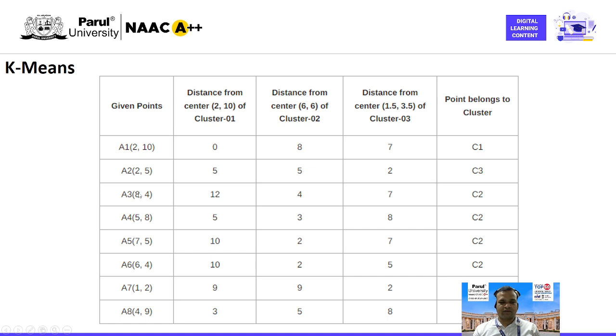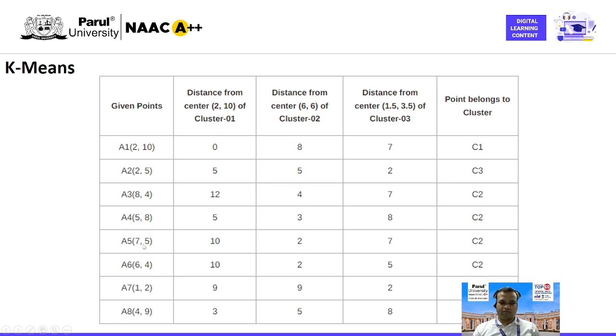Similarly, for A3: C1 is 12, C2 is 4, C3 is 7, which is minimum at C2. So A3 moves to C2. For A4: A4 C1 is 5, A4 C2 is 3, A4 C3 is 8, which is minimum at 3. So A4 moves to C2.